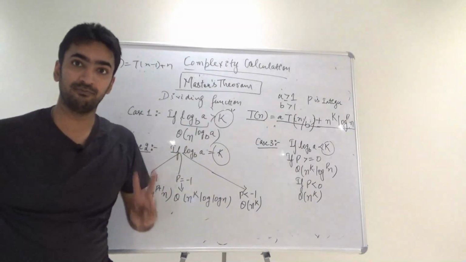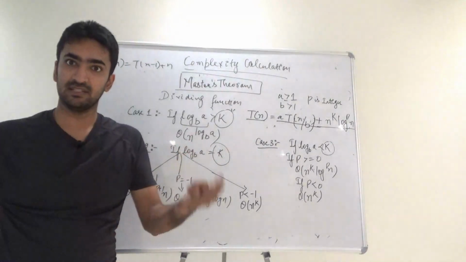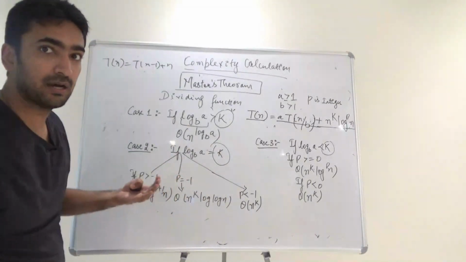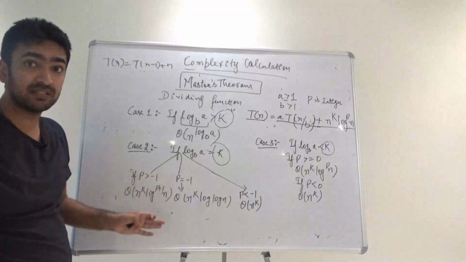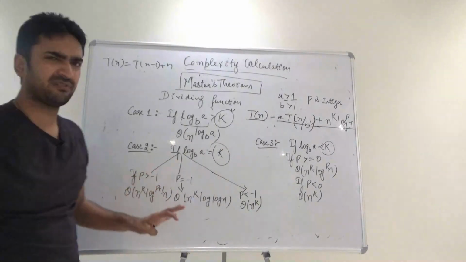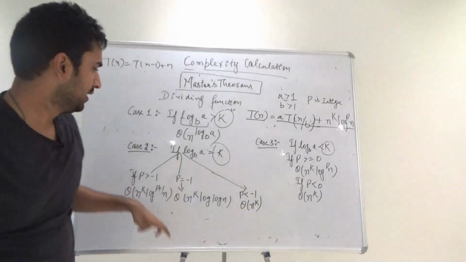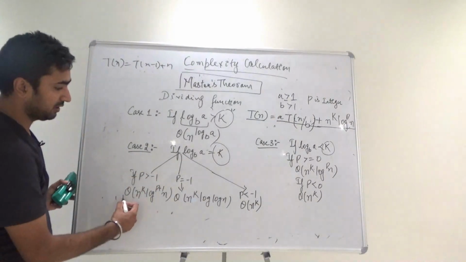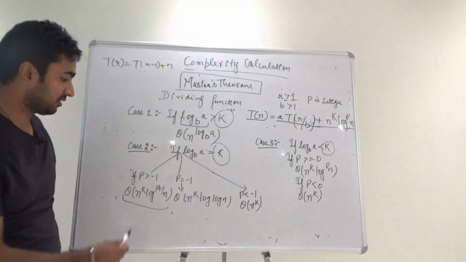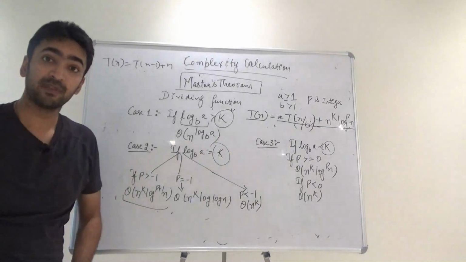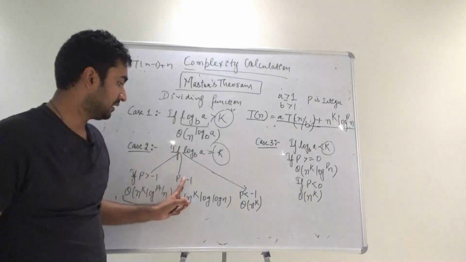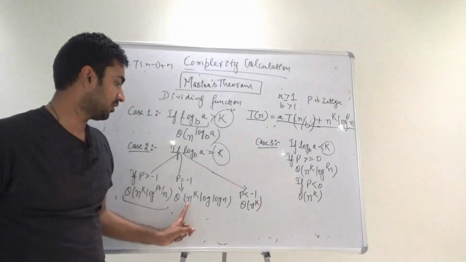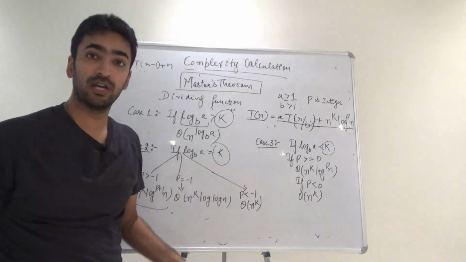We have to calculate the value of p. If there is a log which is existing, then it means it is a particular scenario. If there is no log present, we have to see what value p has. If p is greater than minus 1, the answer would be order of n raised to power k log^(p+1) n. If p is equal to minus 1, it is order of n raised to power k log log n.